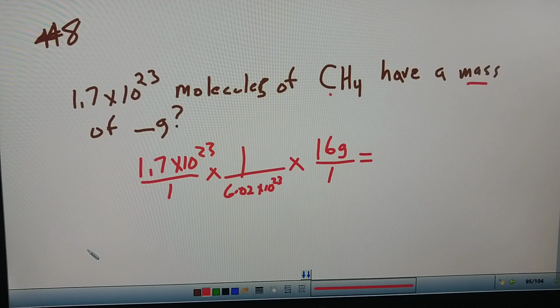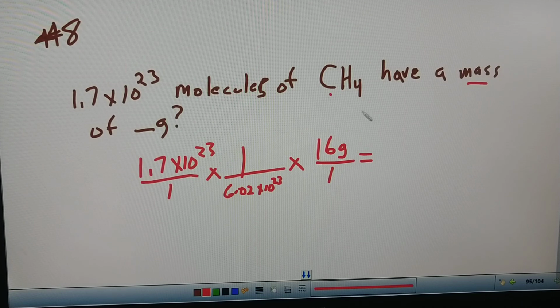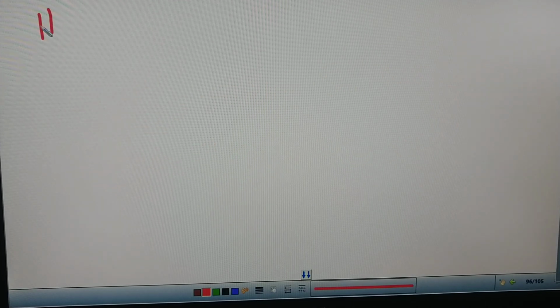I got that we would have somewhere around 4.5 grams. 4.5 grams. I hope you're getting this right. Here we go. Let's keep rolling. Number 9.